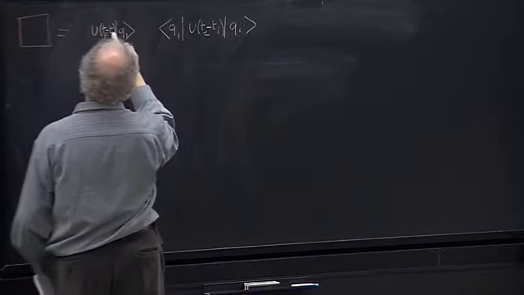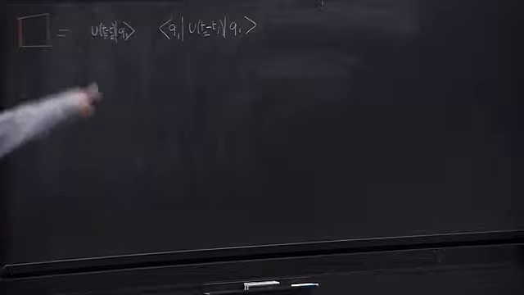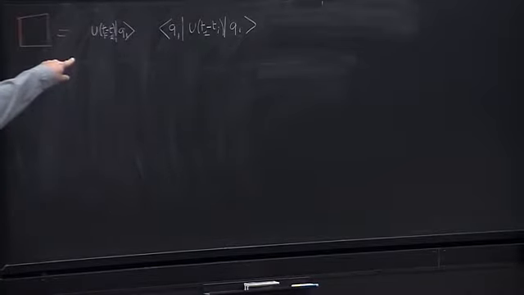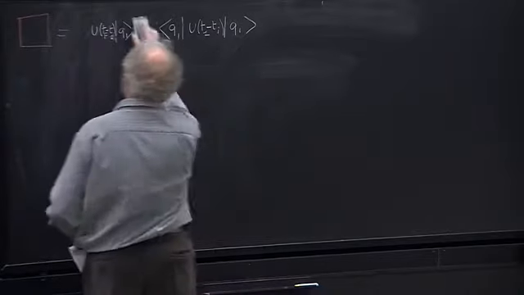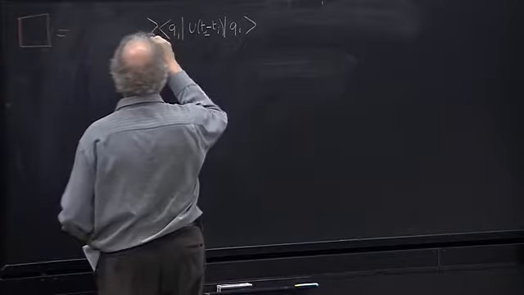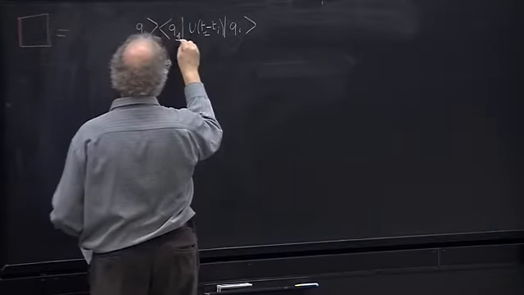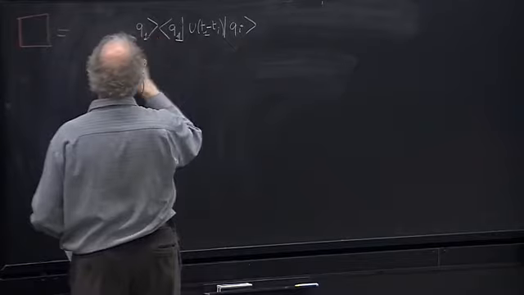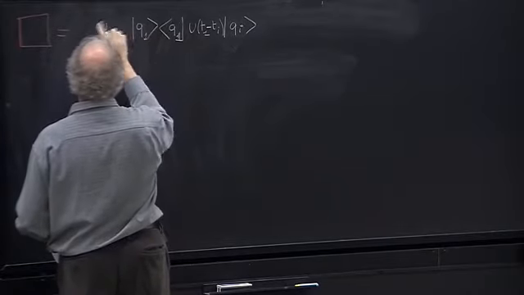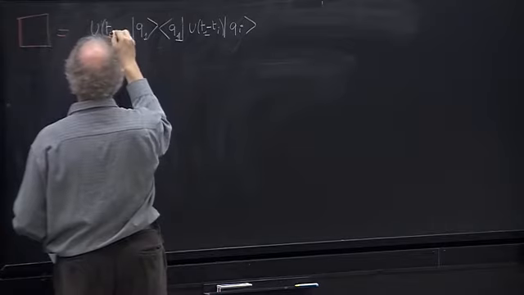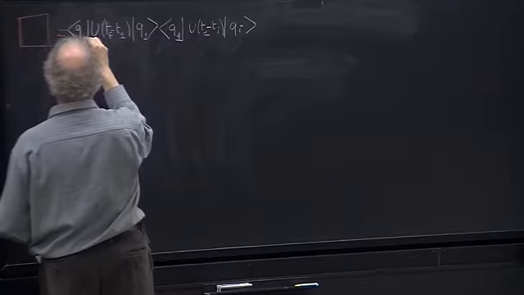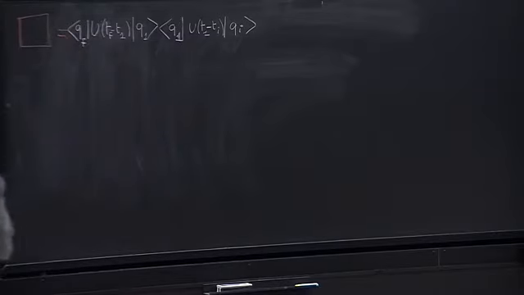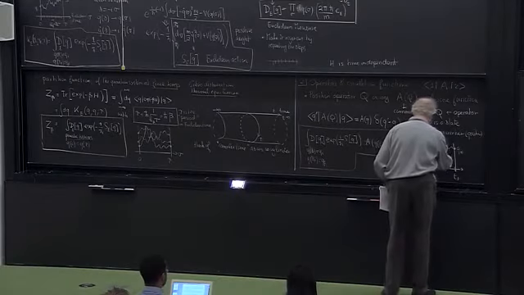I'm sorry. Is it readable? Or is it too small? This is tf. Okay, let me write it this way. This is q initial, this is q1, this is U of t final minus t1, and this is the state q final. And I write that q of t1 is equal to q1.